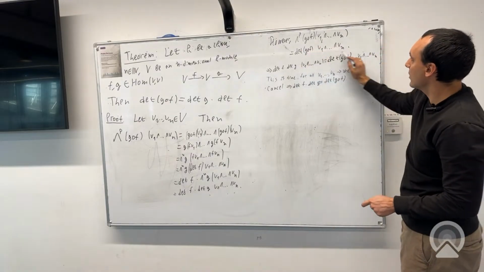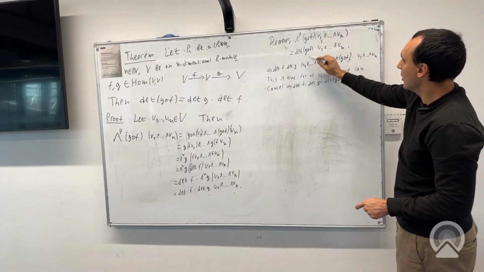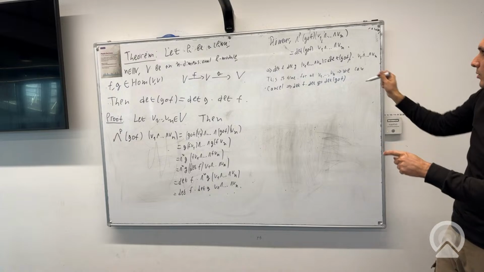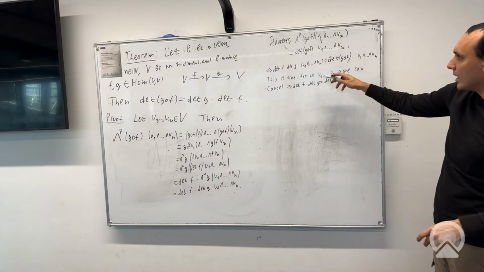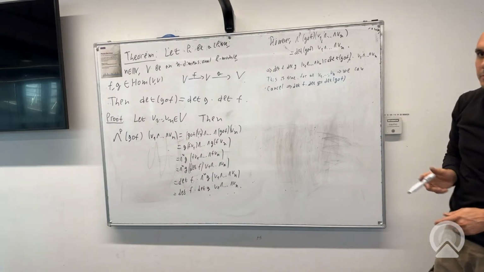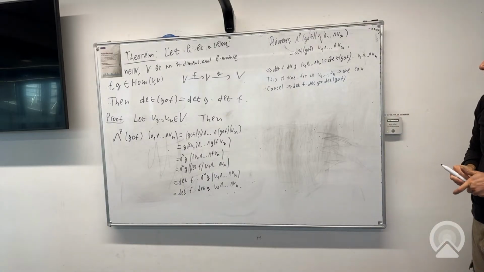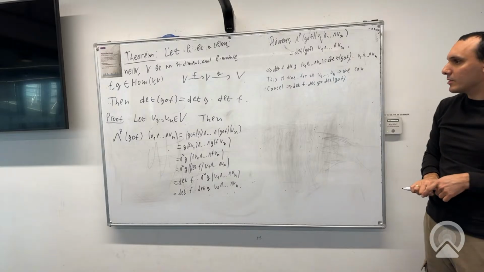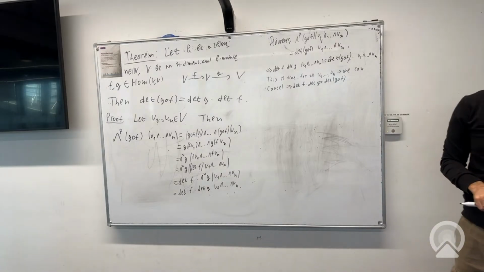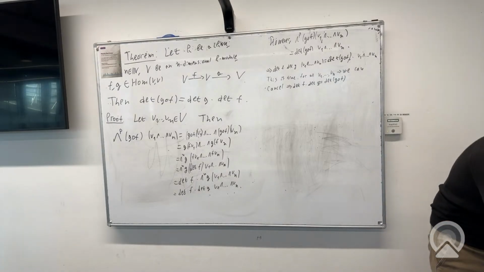So I will get this thing here, and I will get two things being equal. These are arbitrary, and if I take basis vectors, I can cancel. So I'll get this thing here. And so this is a coordinate-free proof that the determinant of a product is the product of determinants. Okay.